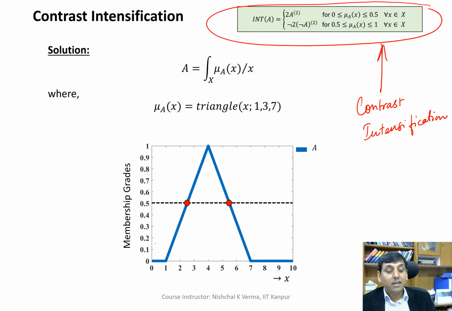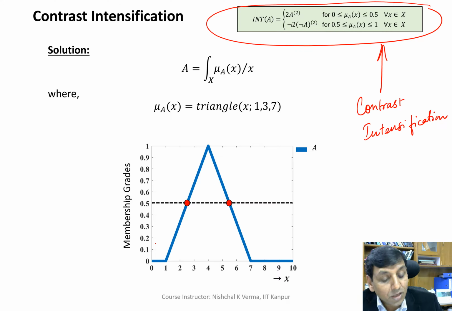The contrast intensification function has two expressions. The first expression is applicable in the first zone, and the second expression is applicable for the second zone.